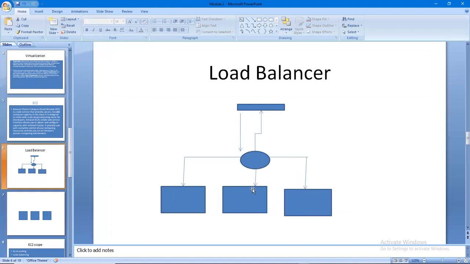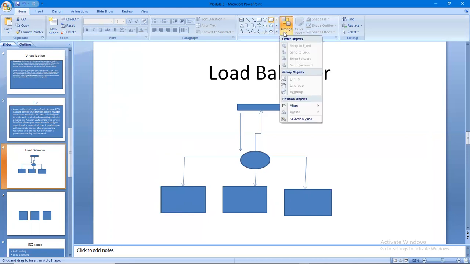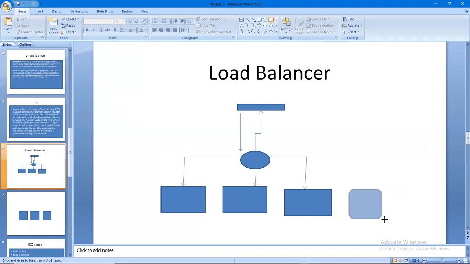We can design these instances at the back to spin up more instances.